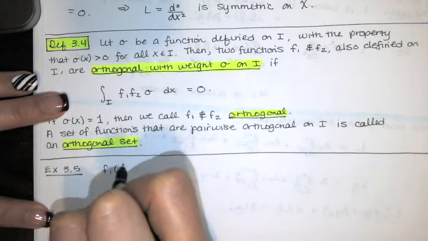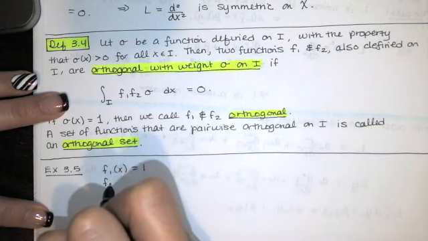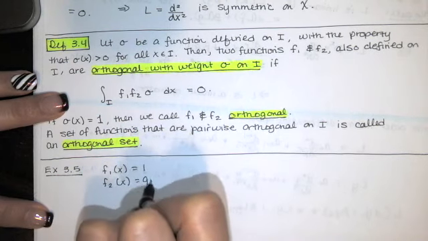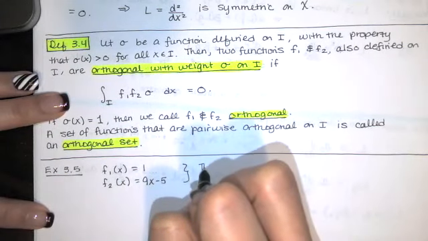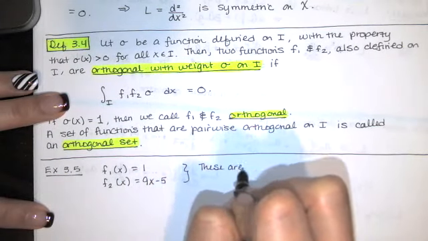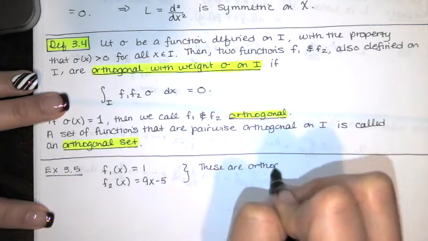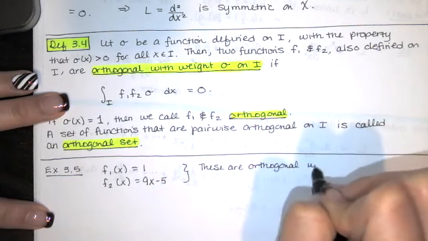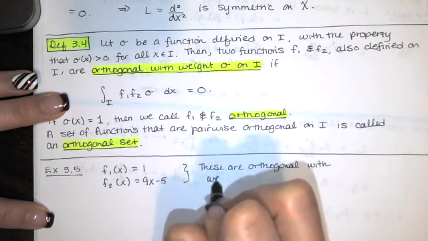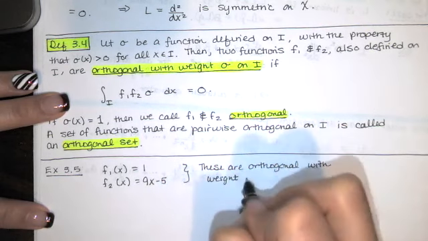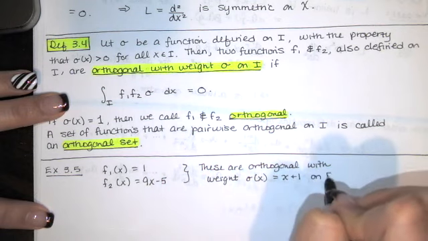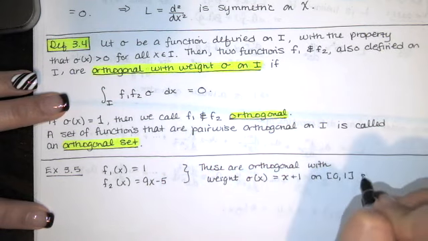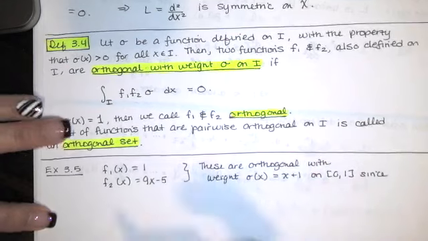If f1 of x is equal to 1 and f2 of x is equal to 9x minus 5, we say that these are orthogonal with a weight of sigma of x equals x plus 1 on the interval from 0 to 1, since the following is true.